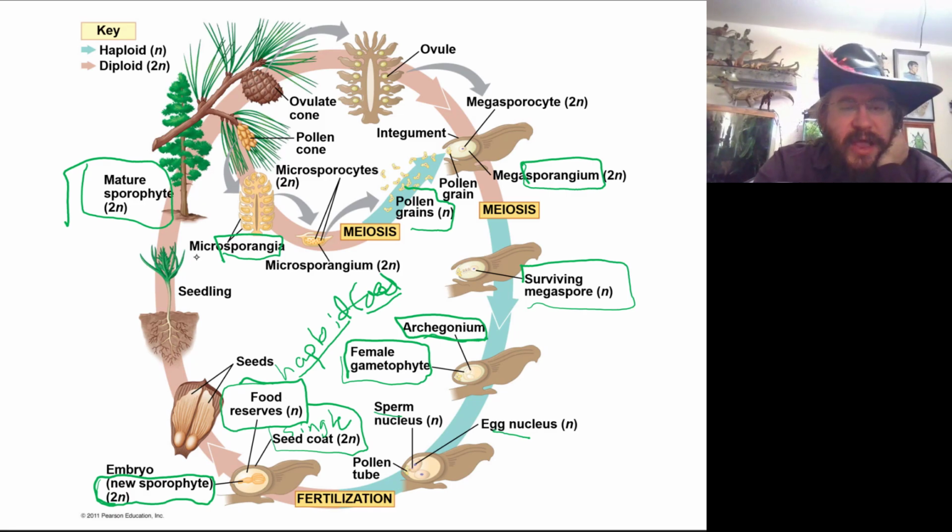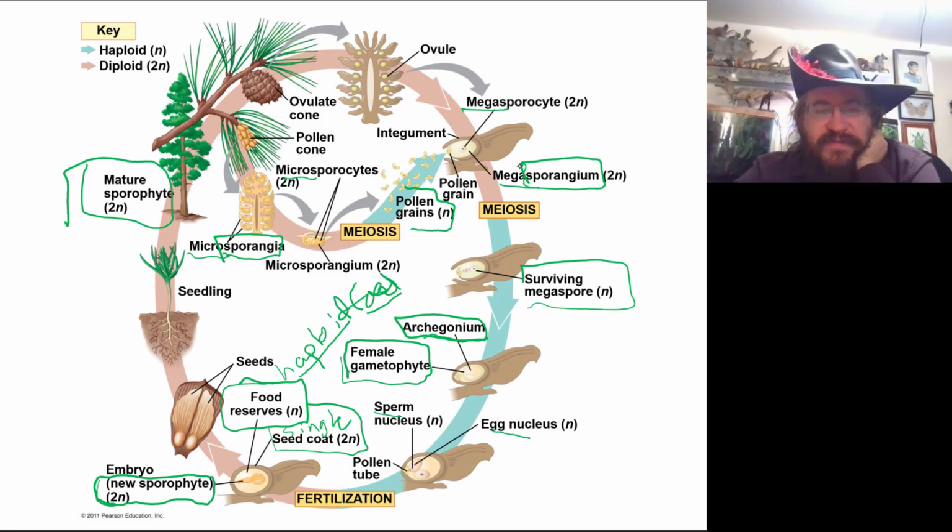One, heterosporous, so micro and mega. Two, remember mother cell and sporocyte are like the same diff. So the megaspore mother cell produces the megaspore. So there you go. This life cycle drawing, kind of annoying.